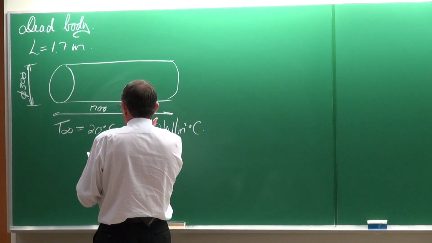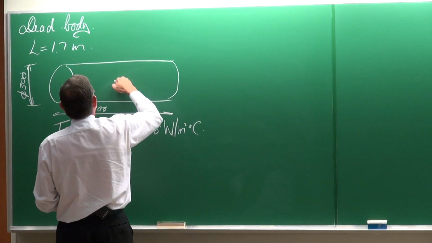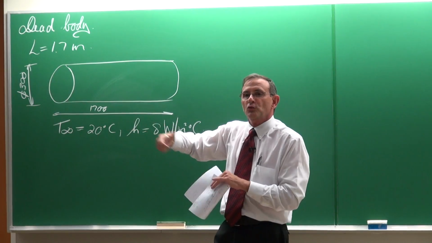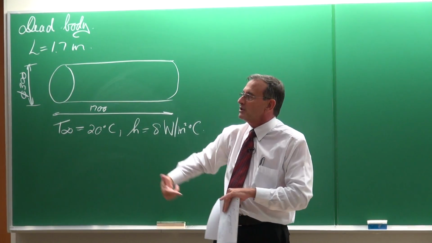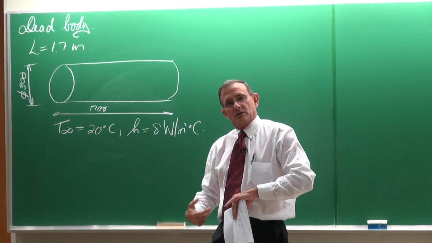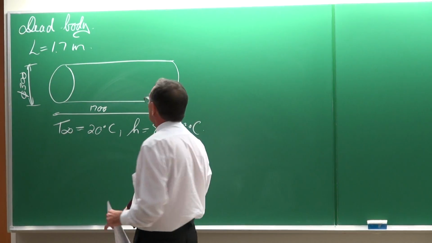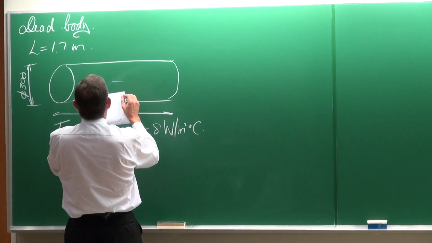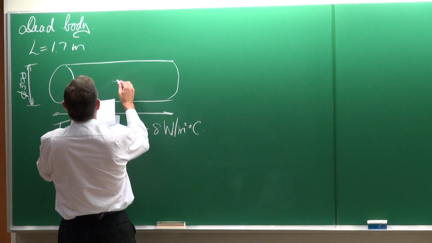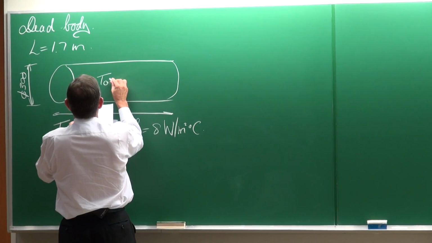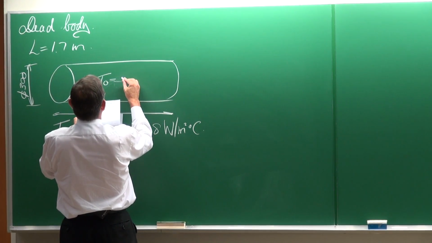And the temperature in the center was determined with a thermometer. Usually they take a thermometer and they would measure the temperature in the liver, which is approximately at the center of the dead body. Okay, so the temperature at the center was determined to be 25 degrees Celsius.